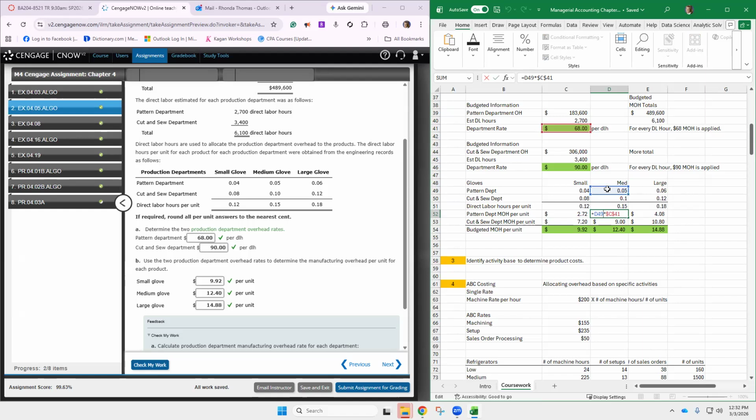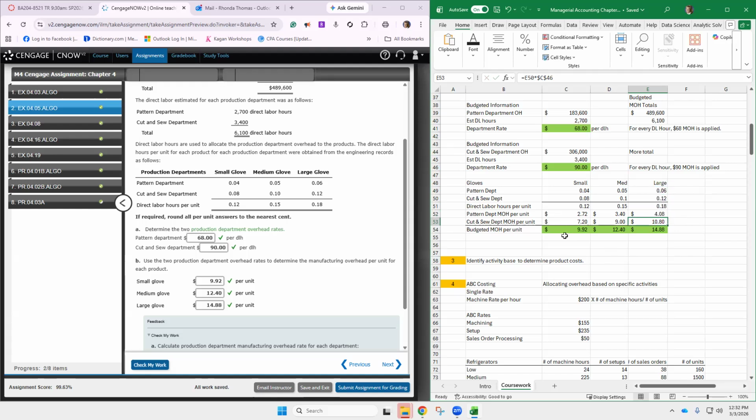I assume it's a set of gloves times the $68. Okay, and that gets $3.40. And then this gets, okay, so this is this time 0.06 of an hour times $68 an hour, 408.